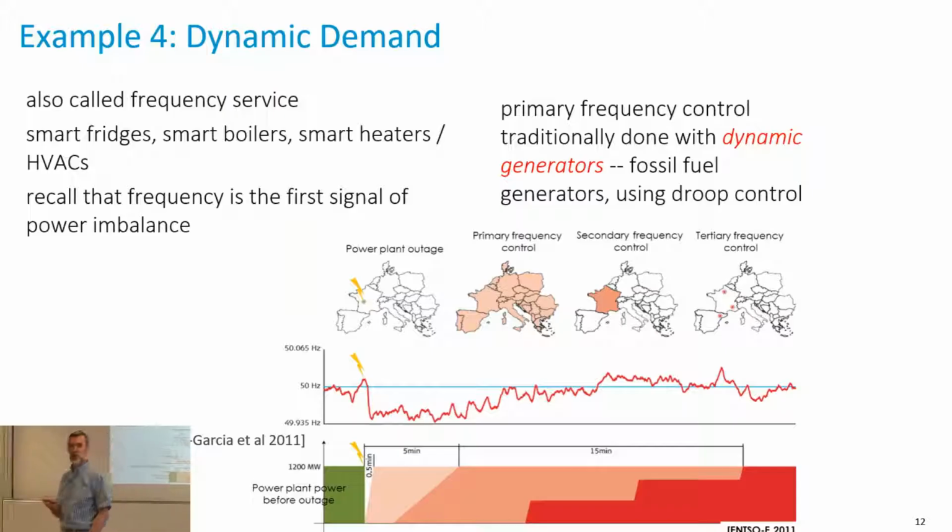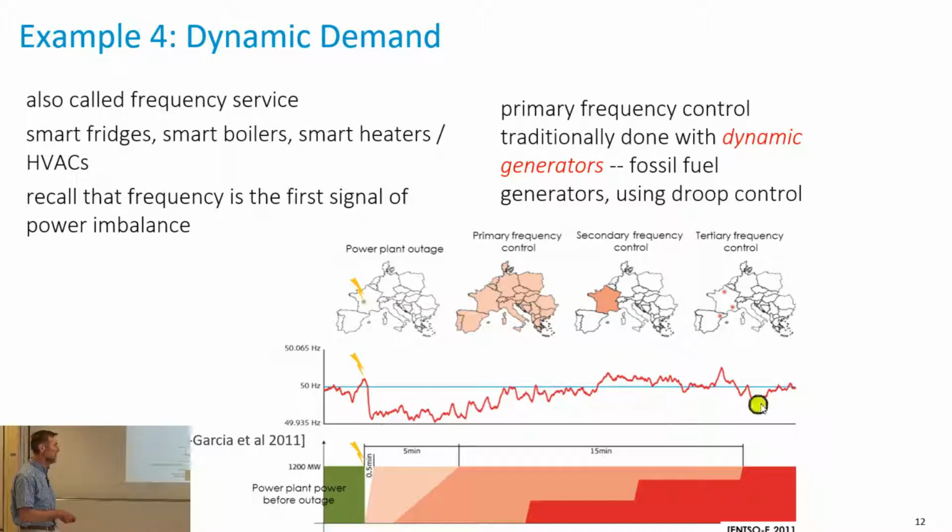The frequency is nominally 50 hertz. Here is an example of the frequency measured somewhere in Europe. The frequency is not exactly the same everywhere, but practically the same everywhere in an interconnection here. The frequency is nominally 50 hertz, but it varies a lot. By minuscule amounts, here we're talking of 50.06 or 49.935 here.